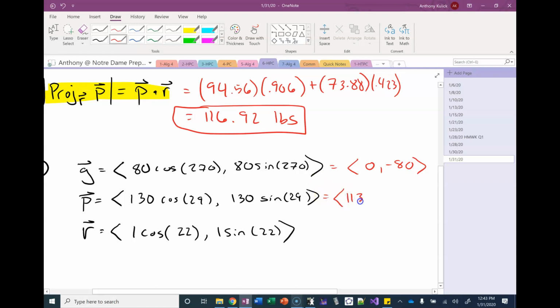Then I get 113.70, comma, 63.03, and then 0.927, comma, 0.735.